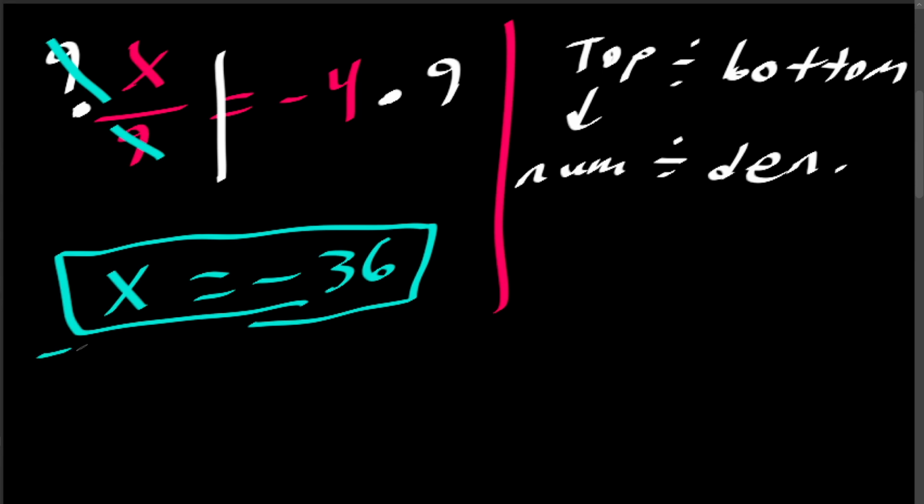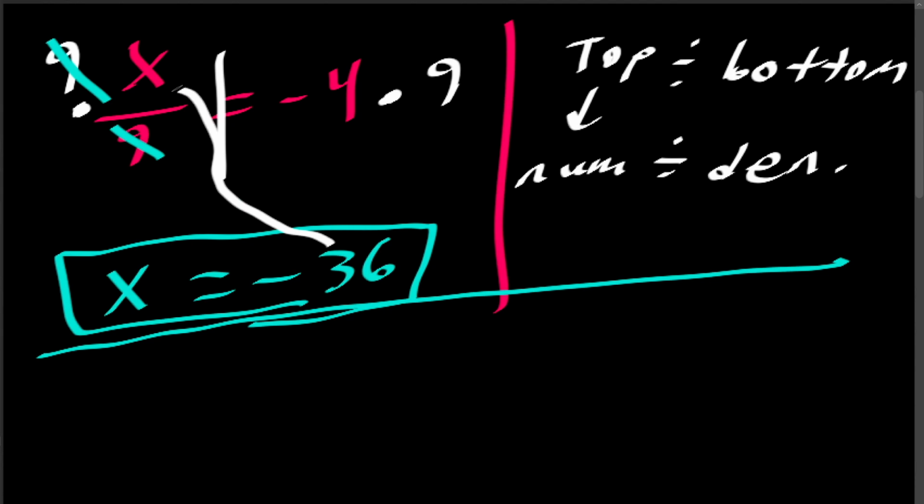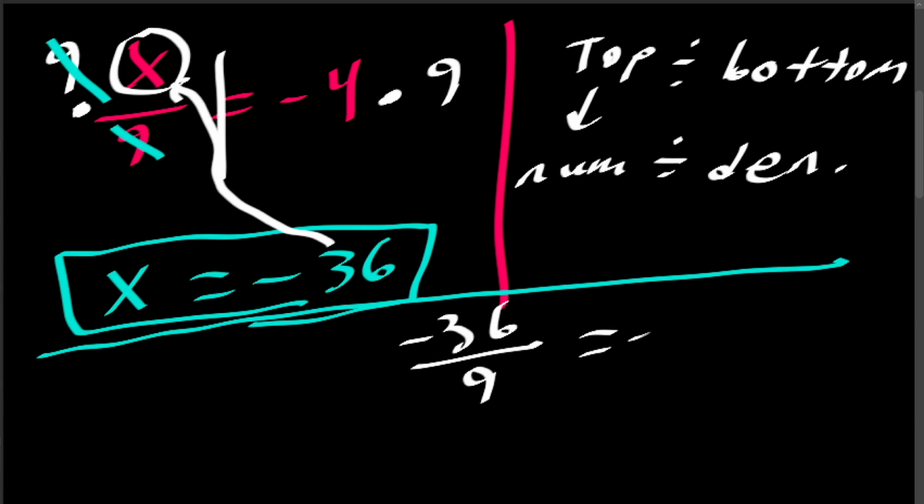All right, now let's just look at something real quick. Let's say I did this problem and I want to know for sure that -36 is my answer. If x is equal to -36, that means I could take -36 and plug it in for this x, and my problem should be equal on either side of the equation. So let's see if that happens. So now instead of x, we're going to plug in -36 divided by 9 equals -4.